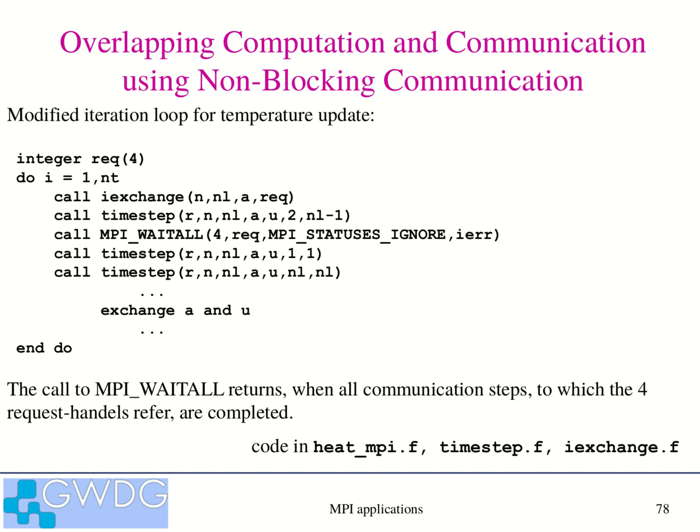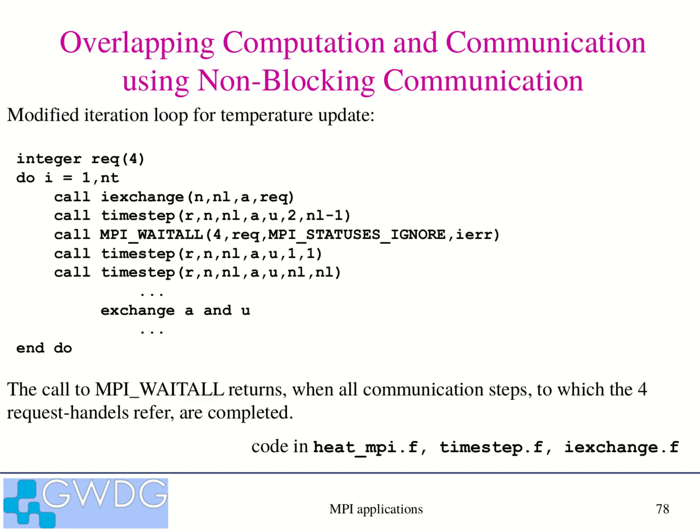Then I have to wait until the exchange procedure has finished with a wait call. We had before only the MPI wait if we had one request, but we can also wait for the completion of several requests with a wait all. Then this will block until all the requests contained in this array have been finished.